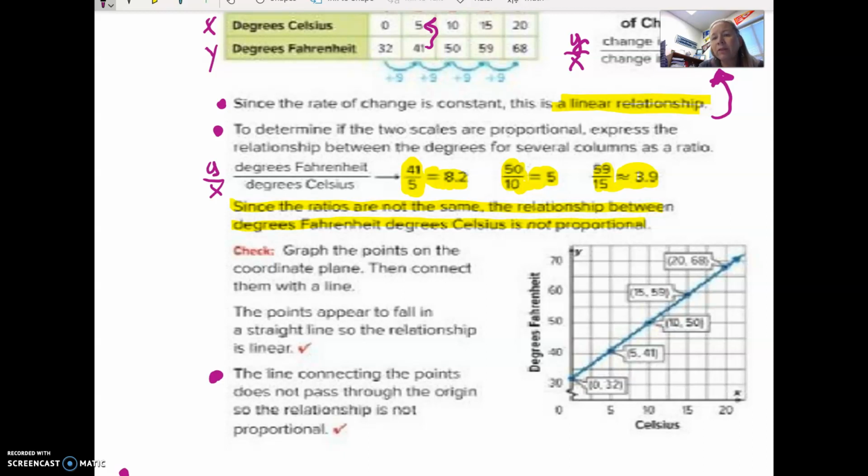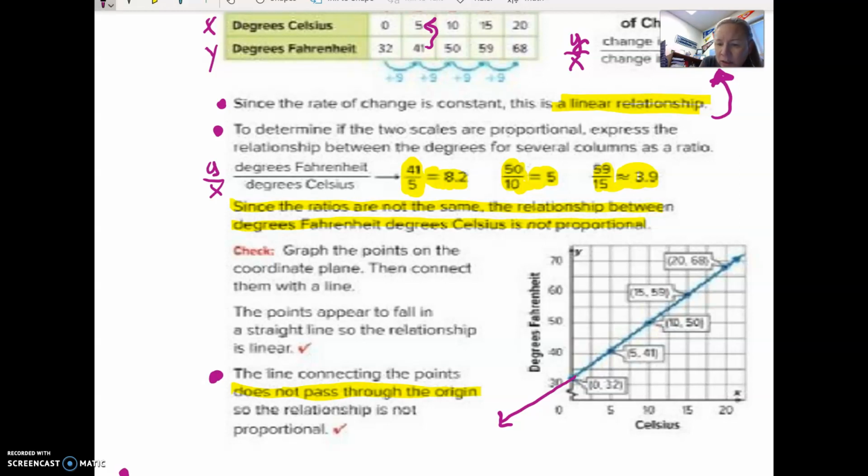They took these points and made it into a graph. And if we continued this line on the graph, we can see that it does not go through the origin.